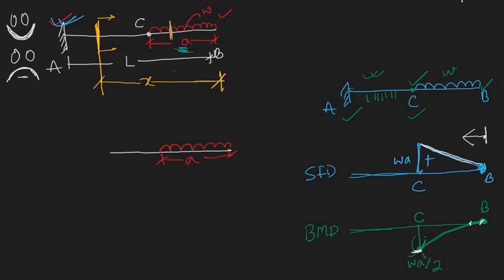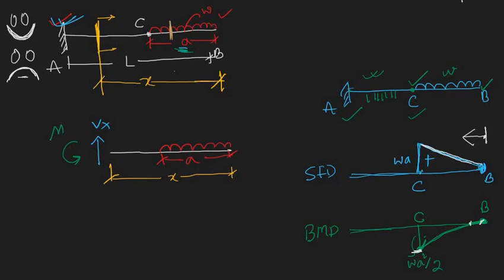The total length is X, and we are assuming that the shear force Vx is acting here upward, and also the bending moment Mx is acting here anti-clockwise.